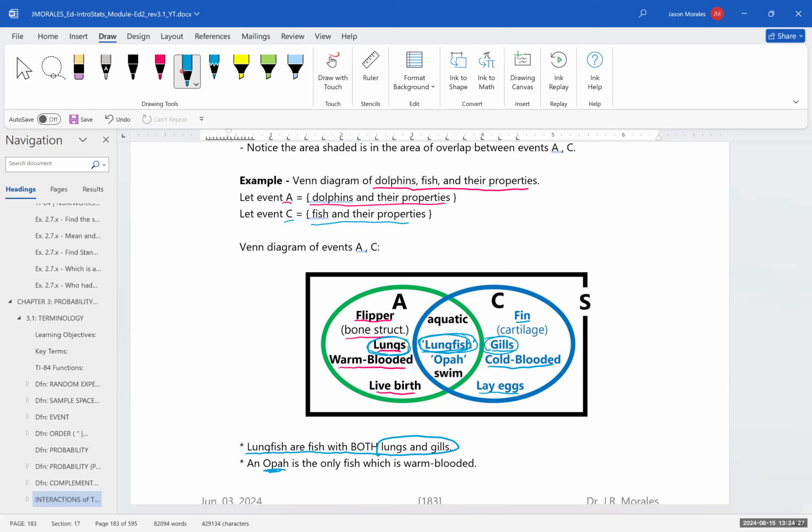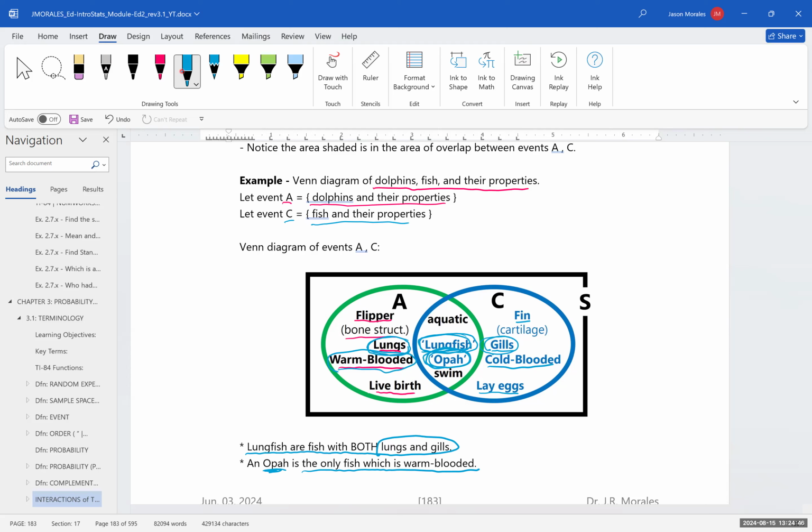An opah, which is right here, also in that intersection, is the only fish which is warm-blooded. Most fish are cold-blooded, but an opah shares a property of dolphins: dolphins are warm-blooded, and so is an opah.